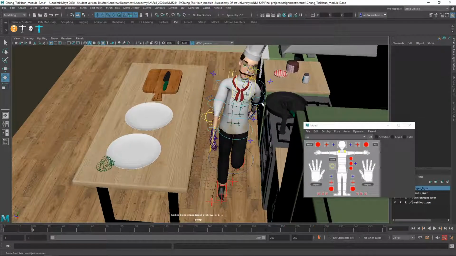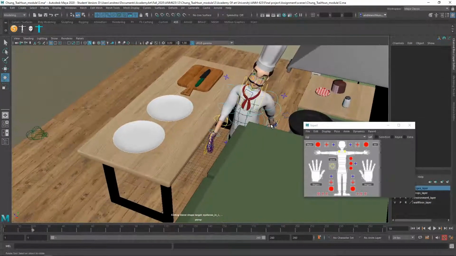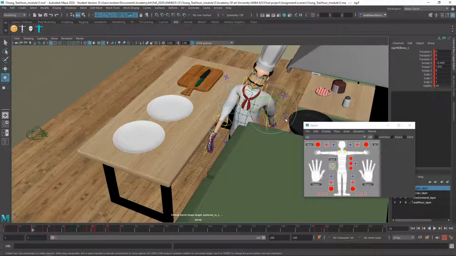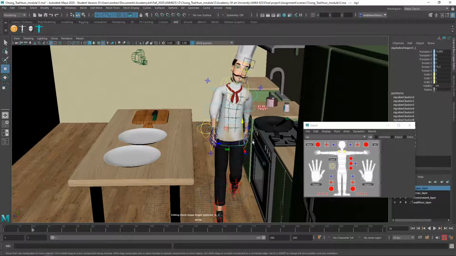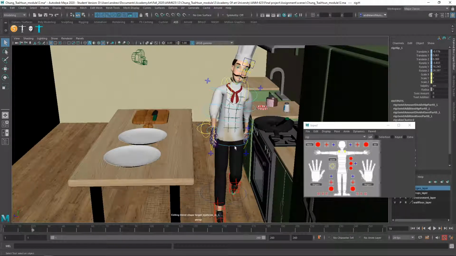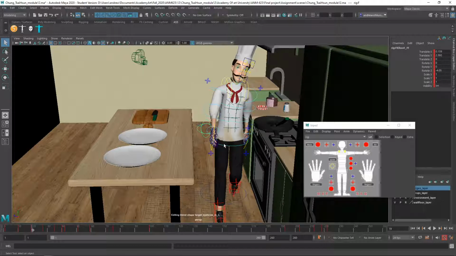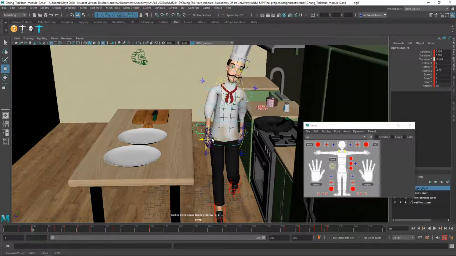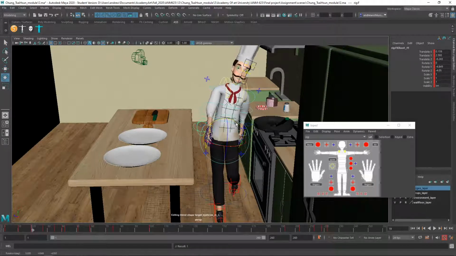Let's shift the weight over the foot that's carrying the weight. Whoops, is that the right control? Let's rotate it up.